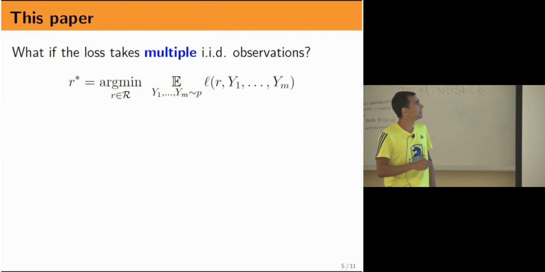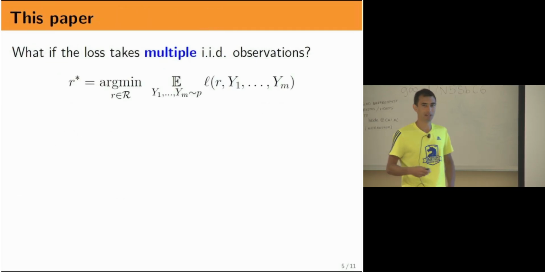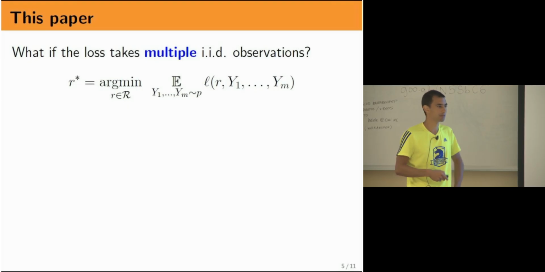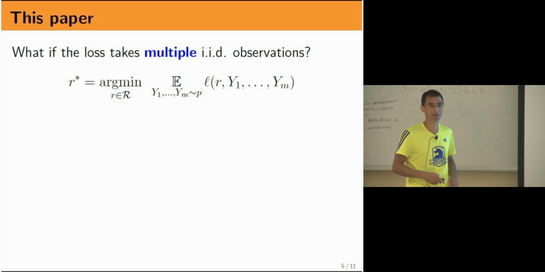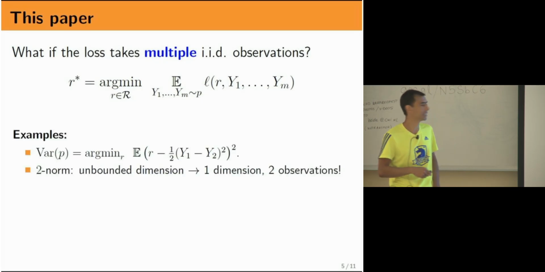In this work, we ask a sort of oddball question: what would happen if we modify the loss function to allow it to take multiple observations and use these multiple observations? We were just curious what would happen if we tried this, and we had a couple of examples in mind that piqued our interest.